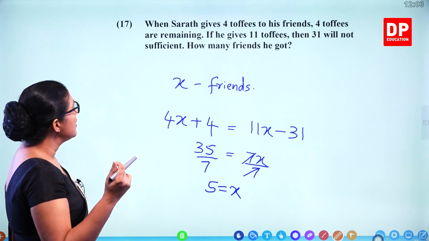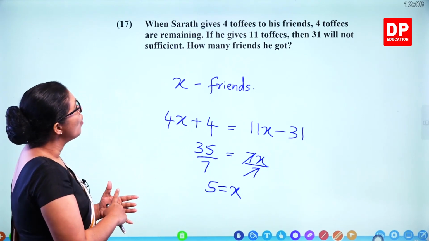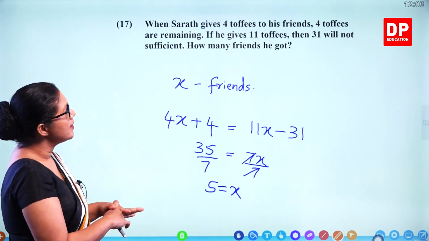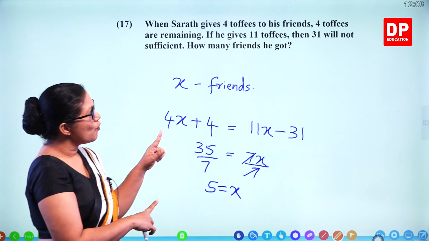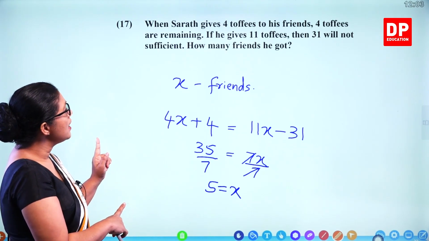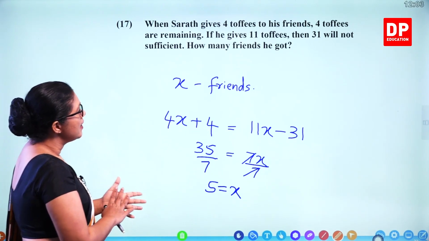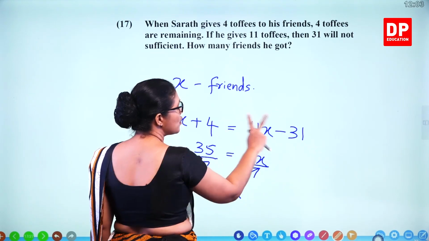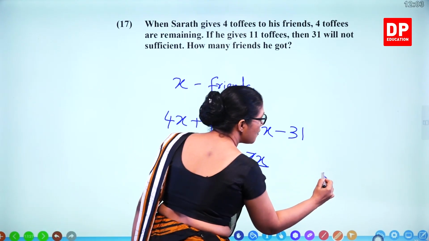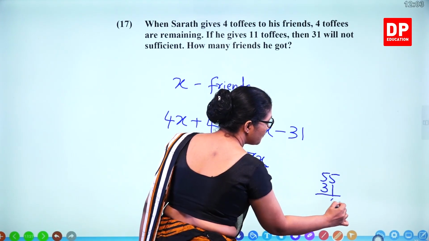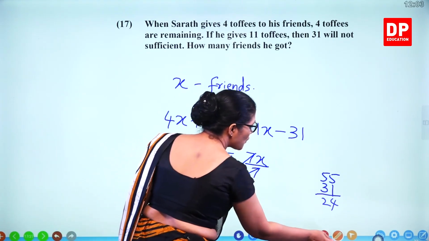Just check it. 5 times 4, 20. 20 plus 4, altogether 24 toffees were there. Then check whether it's 24. 11 times 5, 55. 55 minus 31. So you get 24 again. So that's correct. 2 marks for that.